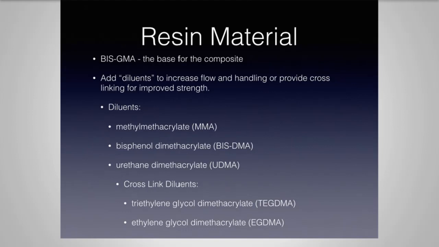These diluents are methyl methacrylate, bisphenol dimethacrylate, urethane dimethacrylate, and then these cross-linked diluents of TEG-DMA and EG-DMA. These are all important materials in what we do every single day in our composite work.